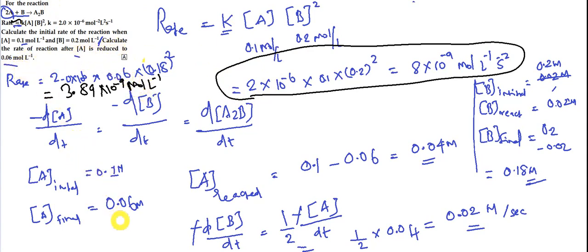A initial is 0.1 and A final is 0.06. From this we find the A reacted. From the A reacted, we find the B reacted, and from the B reacted, we find the B final. So by substituting the B final in the equation, we get the final value 3.89.